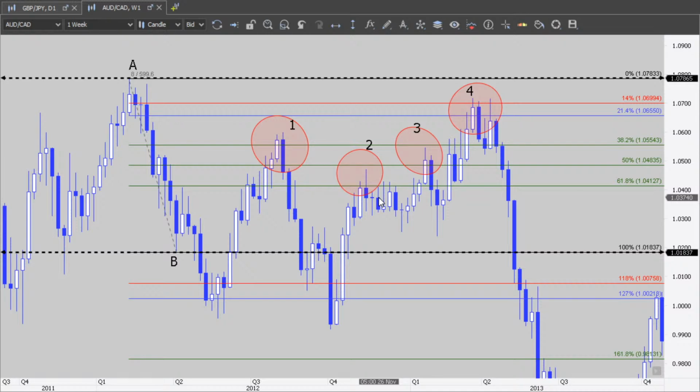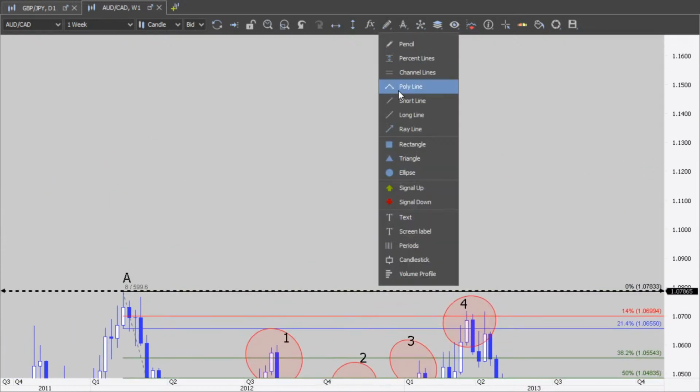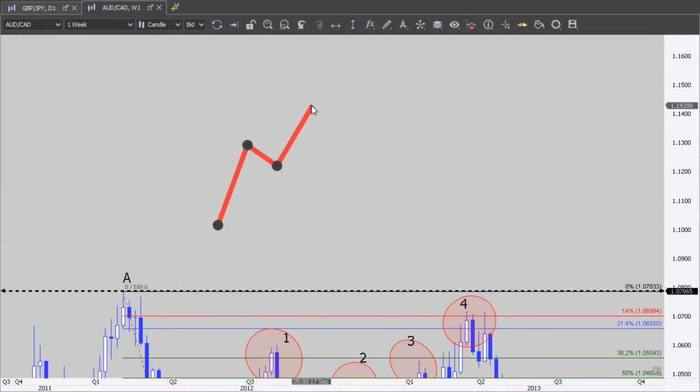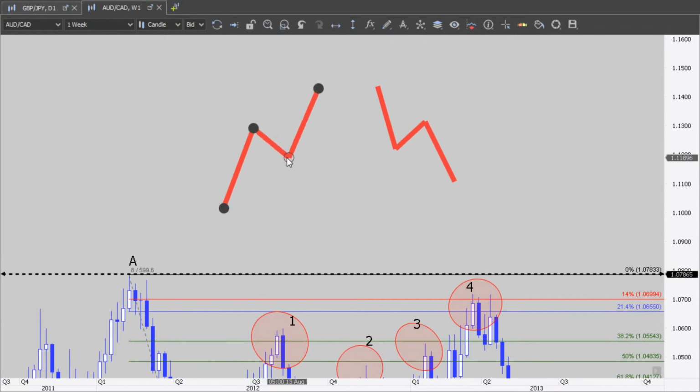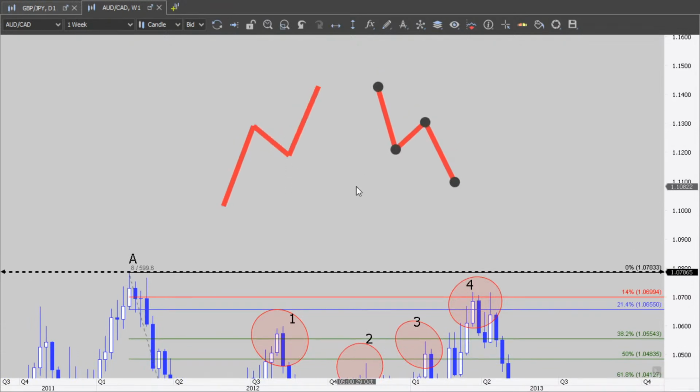So remember from yesterday, we have an upswing and we have a downswing, talking about the Fibonacci sequence, A, B, C, D. Yesterday it was an upswing, today is a downswing.